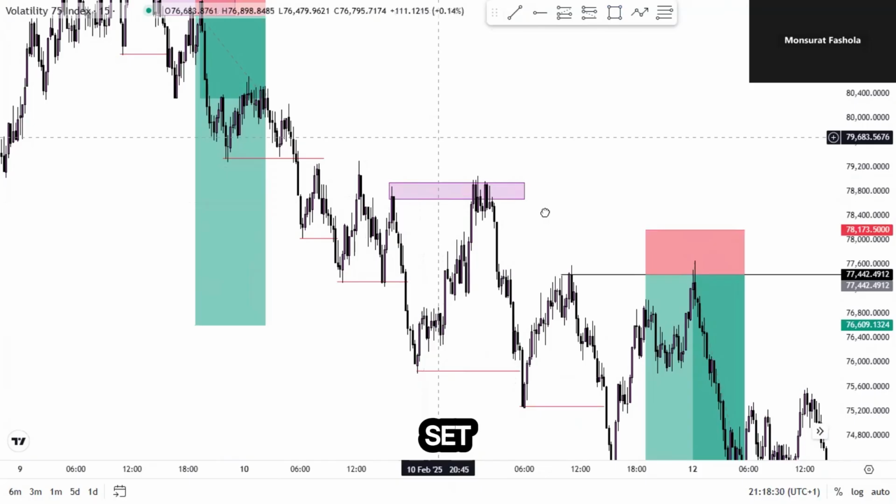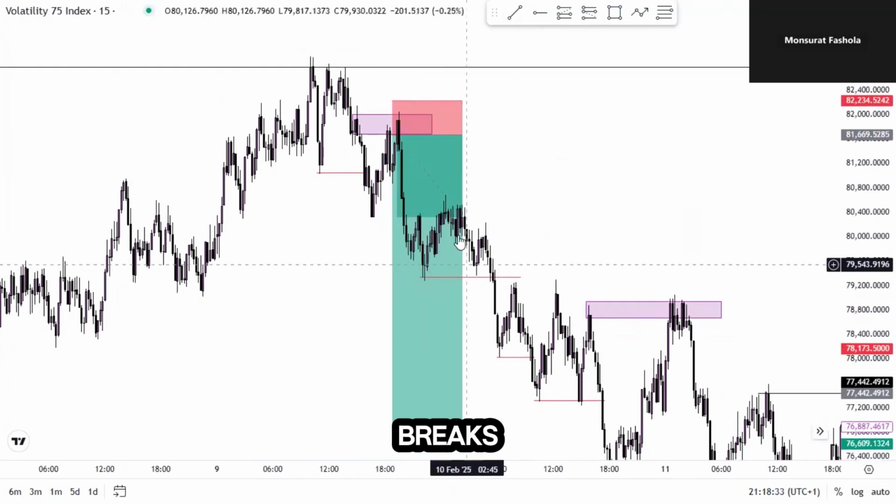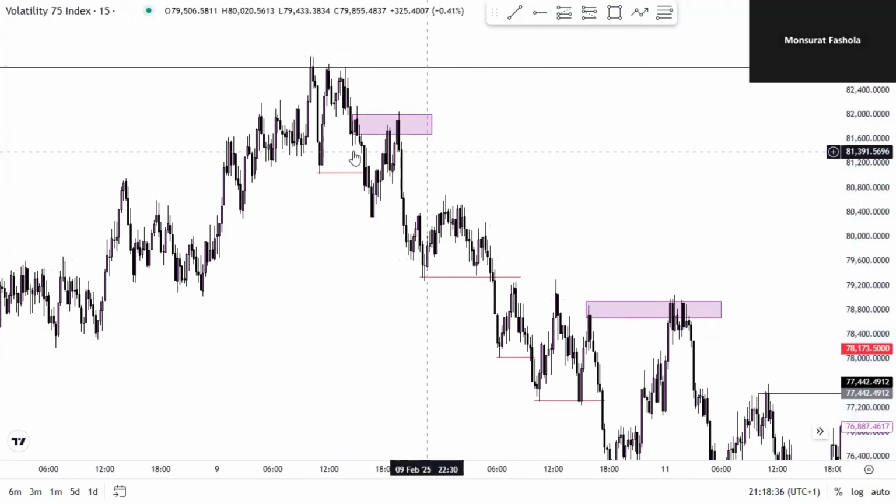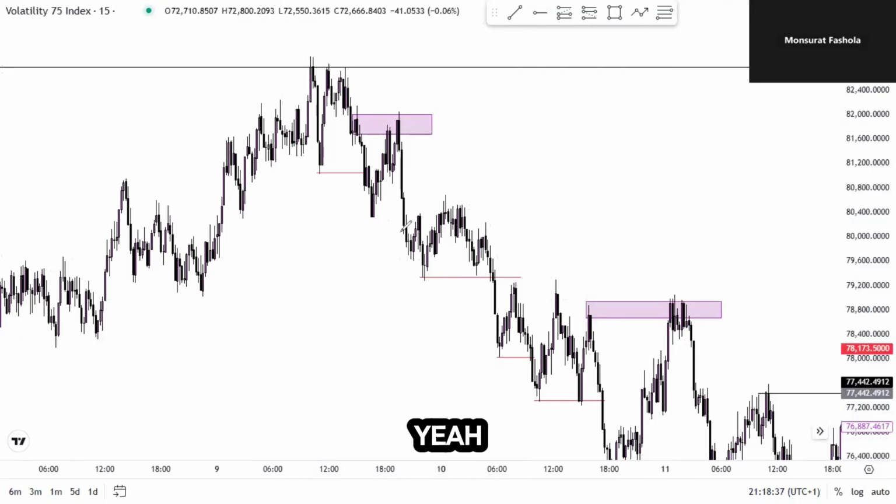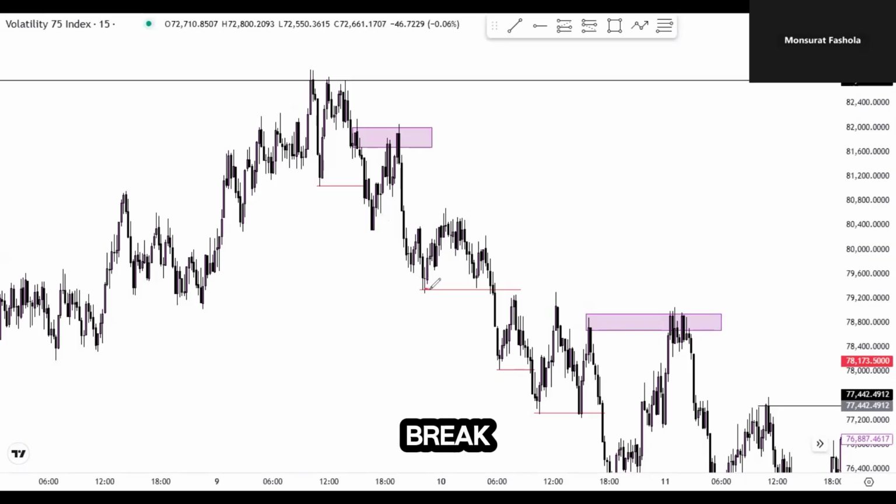I took this sell because by the time price breaks the structure, you need to set your zone. You need to look for where the break of structure started. This is the place here. It started from here. So after the break, you need to wait for price to retrace back to your point of interest before selling.